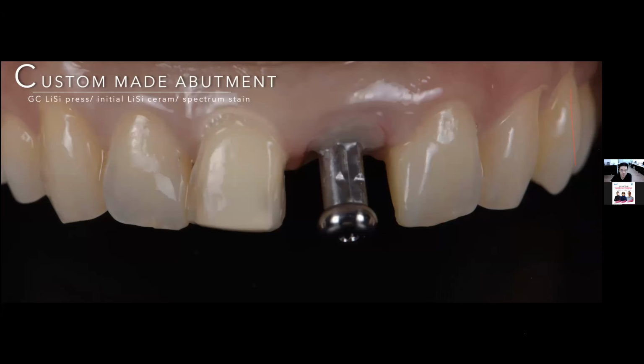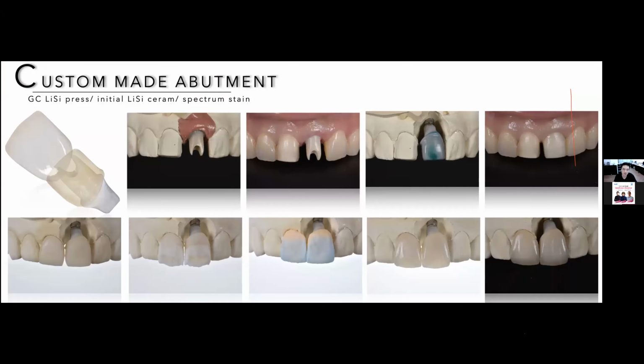If we want to create the same look, I create a custom-made zirconia abutment, and I also create an inner core to duplicate and simulate the natural veneer abutment. I also create two veneers on it, so I can make the same situation and the same thickness for this restoration.